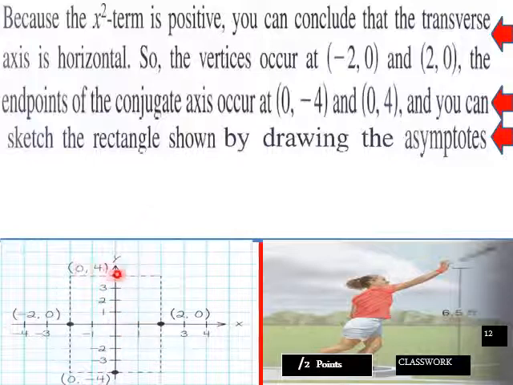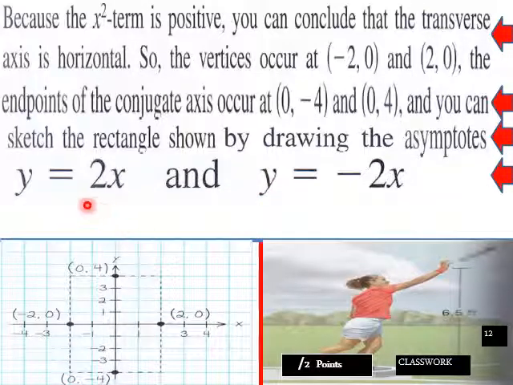So we draw a horizontal line here. Then we have (-2, 0) and (2, 0) out here, so we have our two vertical lines of our rectangle, from which we can sketch our asymptotes: y equals 2x and y equals -2x.